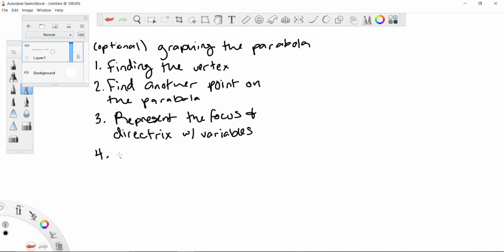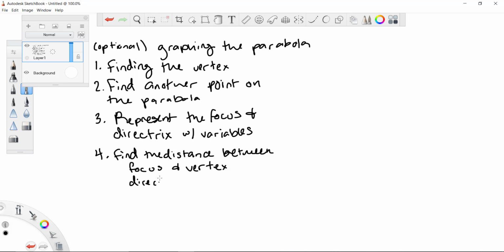Then we find the distance between the focus and the vertex and the directrix and the vertex.